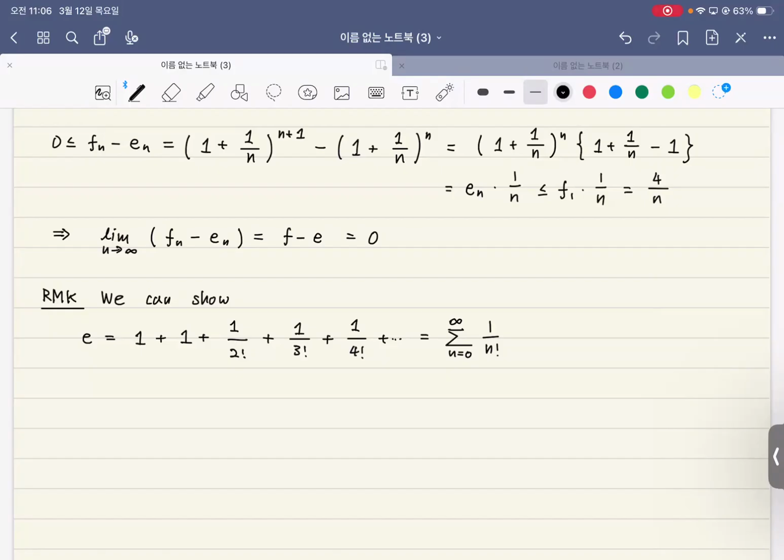So this time Euler's number is defined not by a sequence, but by this infinite series.